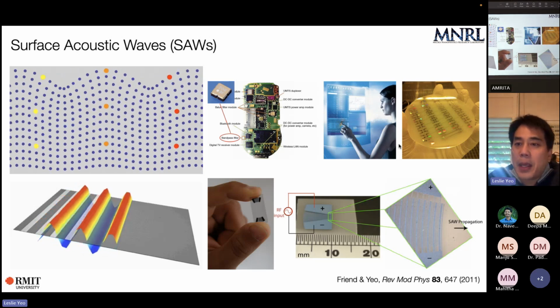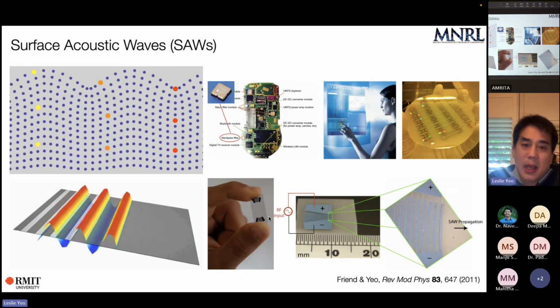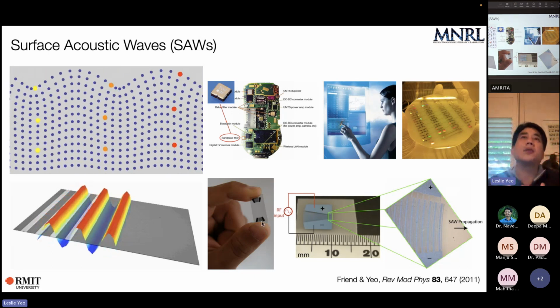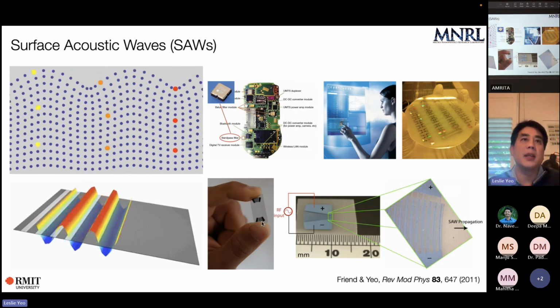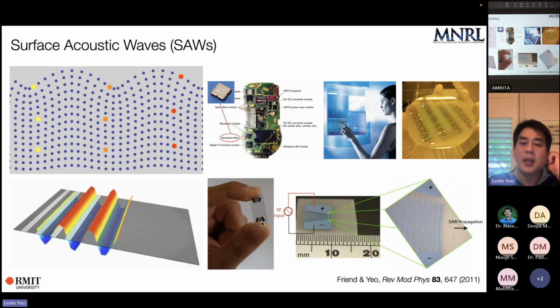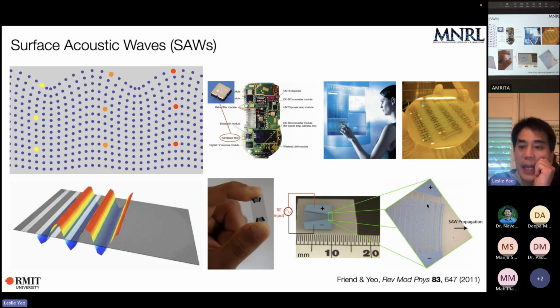So we make them by patterning these devices, right? And they're made of a piezoelectric material. So if you're not familiar, piezoelectric materials convert electrical energy to mechanical motion, or vice versa. And what we do is we pattern these finger-like electrodes.